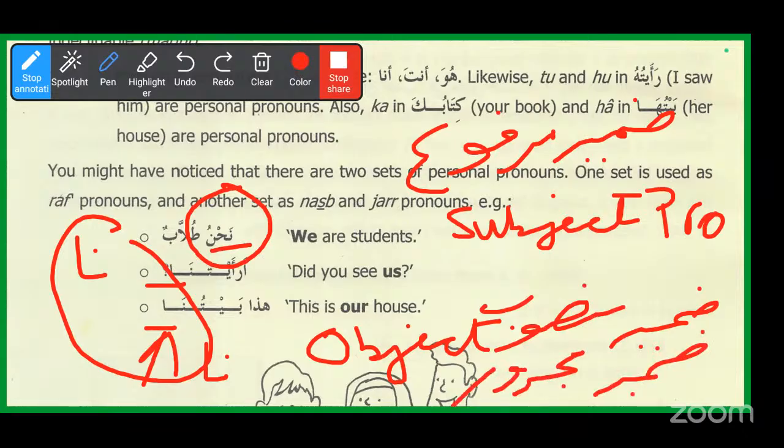It is not about muttasil or munfasil. We are just deciding the category of dhamir marfu, dhamir mansoob, and dhamir majroor.